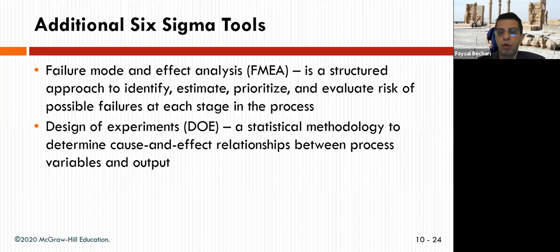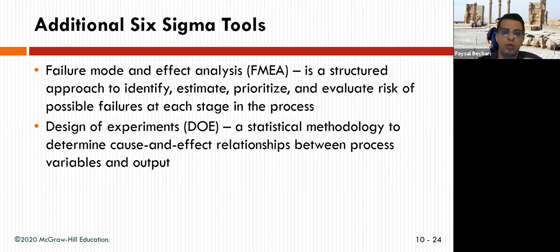One failure might be different from another, and there are two things. One is the chance of that failure happening, whether it's 10% or 90%. Then the effect of that failure, maybe it's low, but when it happens it is disastrous.